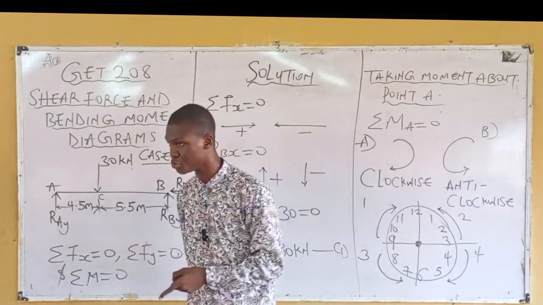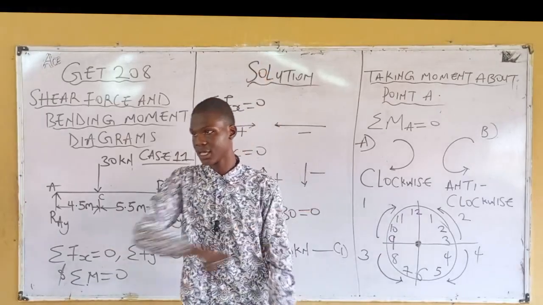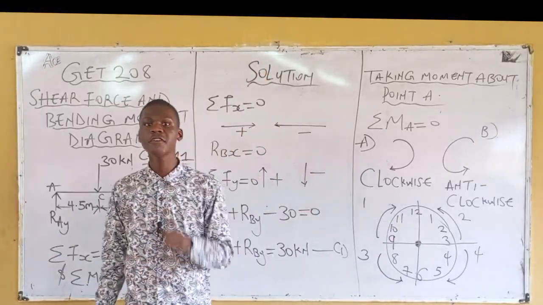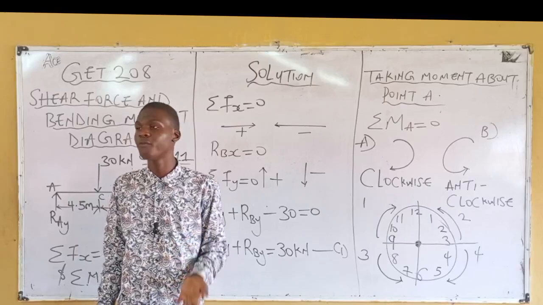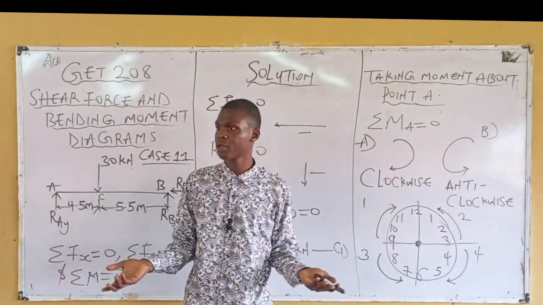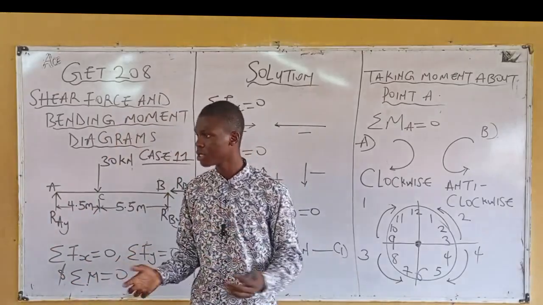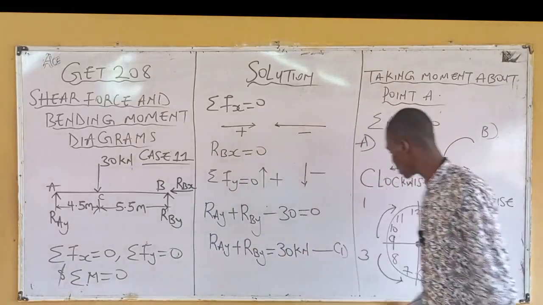Similarly, in mathematics too, you must know the value of the y-axis and the value of the x-axis. So if you don't know the value of bending moment and shear force, how do you plot the graph? You can never plot the graph. You'll be plotting rubbish. And to know this value, this is what you need.